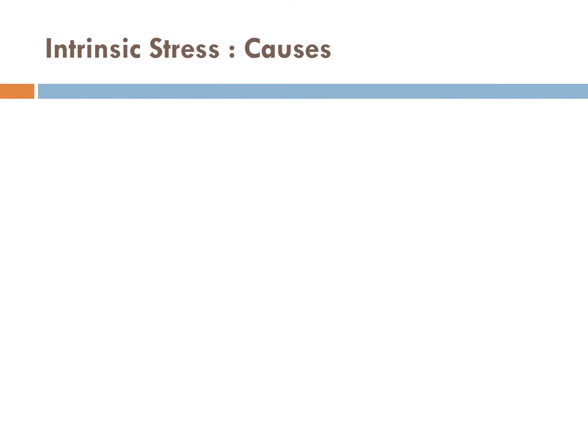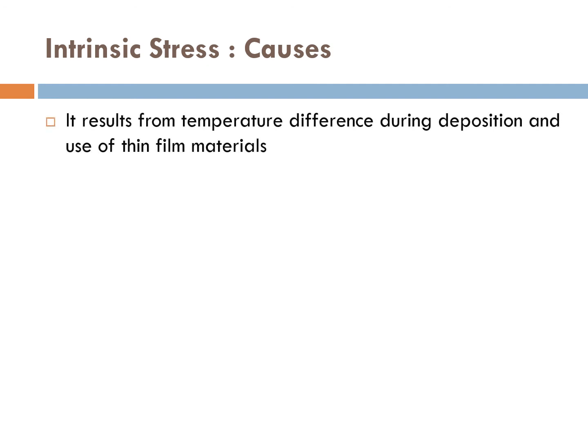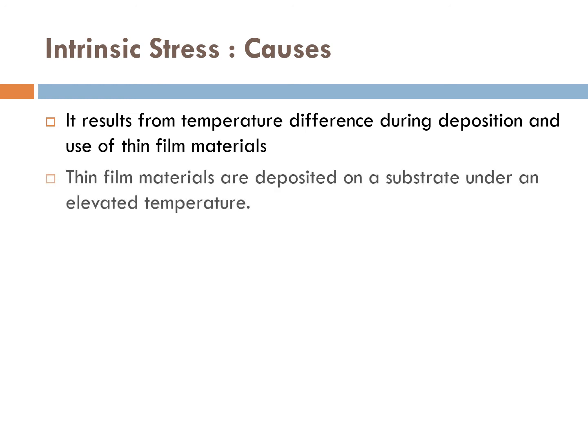The origin and behavior of intrinsic stress have been widely studied. In many cases related to MEMS structures, the intrinsic stress results from the temperature difference during deposition and use of the thin film. Thin film materials are often deposited on a substrate under elevated temperature.